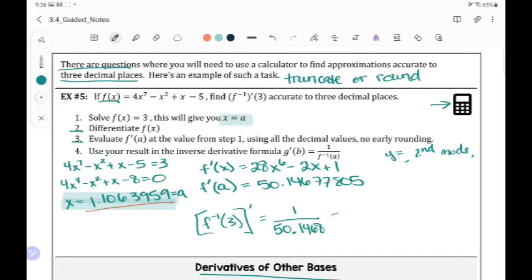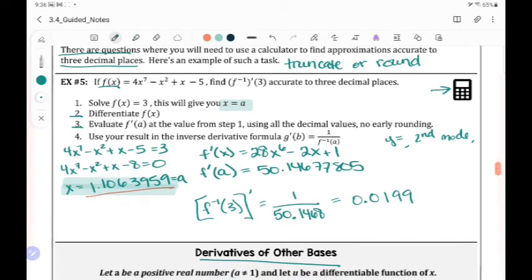That's more than enough. I can divide that out in my calculator, 1 divided by 50.1468, and I get 0.0199. I'm going to truncate that. It could round, but I'm just going to leave it like that, 0.0199.